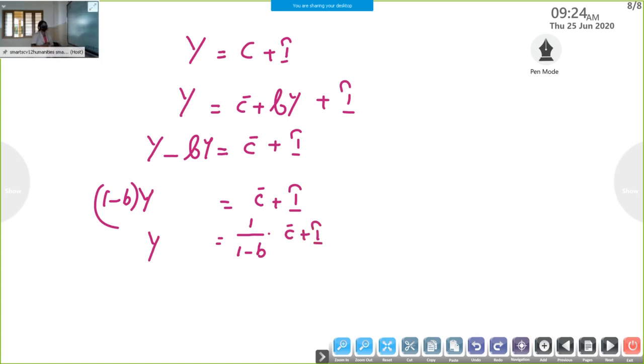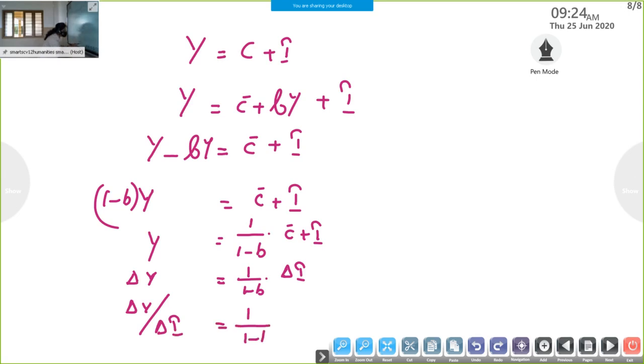In order to find the effect of investment on income, we can differentiate the equation. Delta y is equal to 1 by 1 minus b into delta I, or delta y by delta I is equal to 1 by 1 minus b. Delta y by delta I means k.